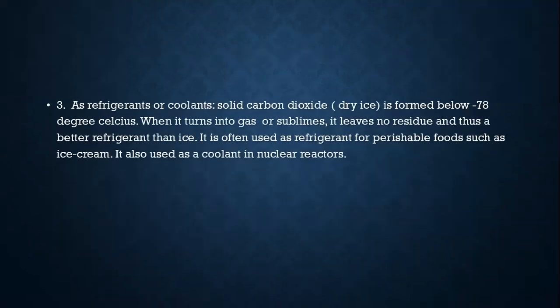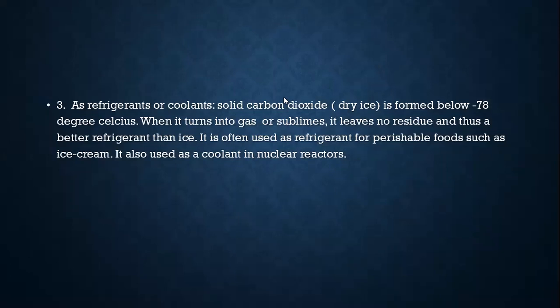So number 3, it is also used as a refrigerant or coolant. Solid carbon dioxide, which is known as dry ice, is formed below minus 78 degrees Celsius. When it turns into gas, or sublimes, it leaves no residue, and thus it is a better refrigerant than ice.